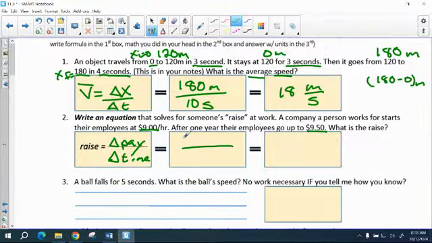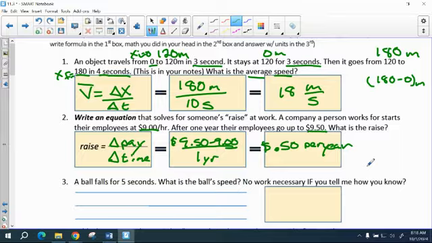So what's the change? Well, it went from $9 to $9.50. So this is your final, this is your initial. How long did it take to do that? 1 year. What's the final answer? 50 cents a year. And we'll probably put some dollar signs here. So it would be $0.50 per year.